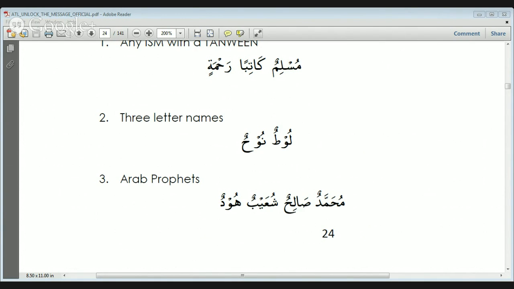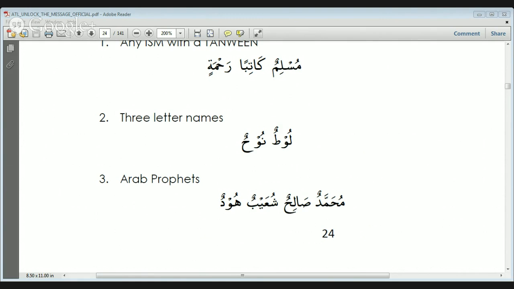So here's the rule. If your name is Arab, generally, you're okay. Meaning you can get tanween. Generally. If you're any one of these three categories, you can get tanween.